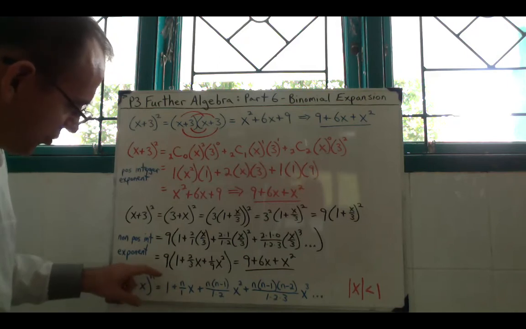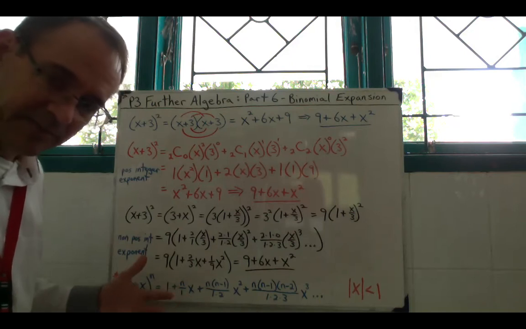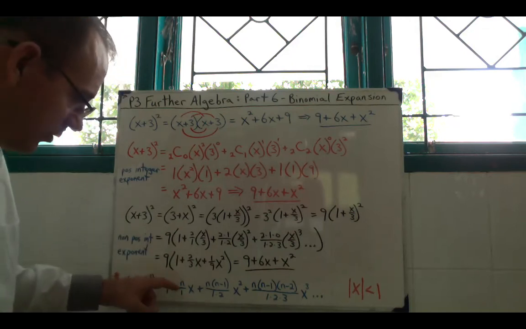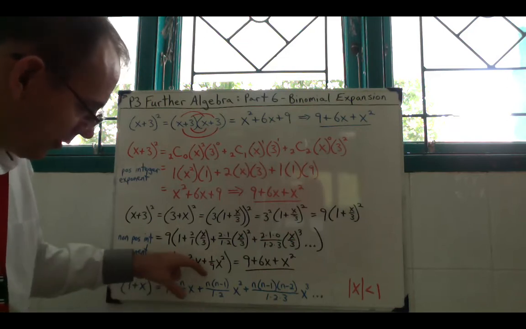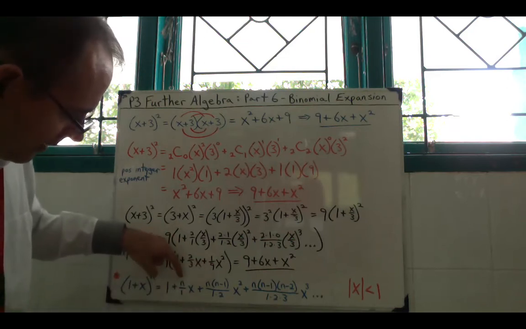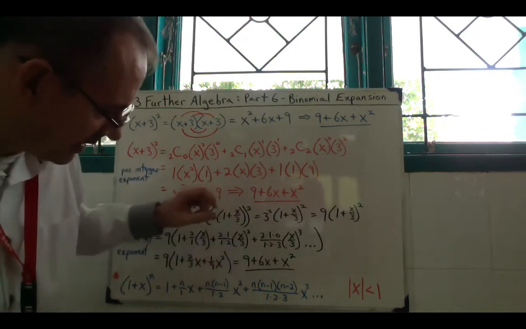Then it goes to n over 1, which is just n, but it helps you to see the pattern if you put n over 1 times the x plus, and notice the pattern up here: n times (n minus 1), n times (n minus 1) times (n minus 2).